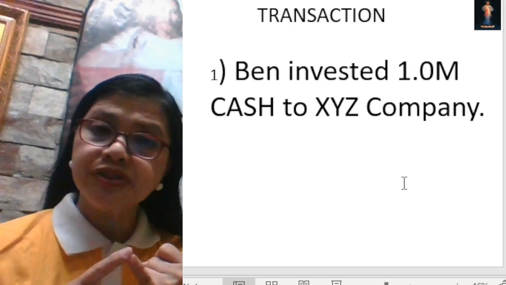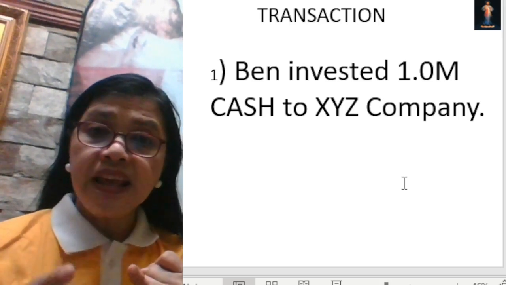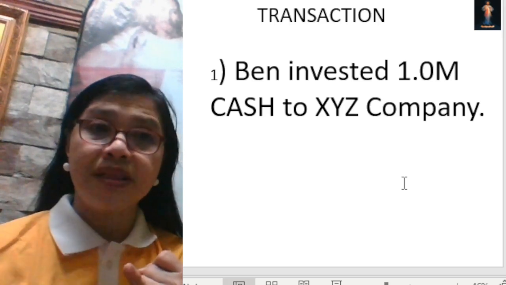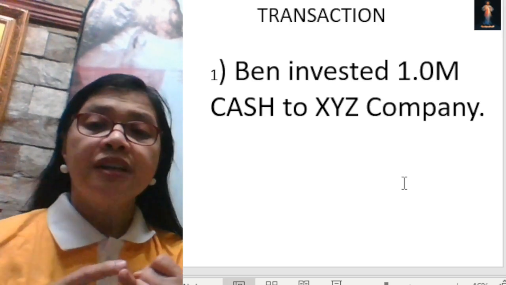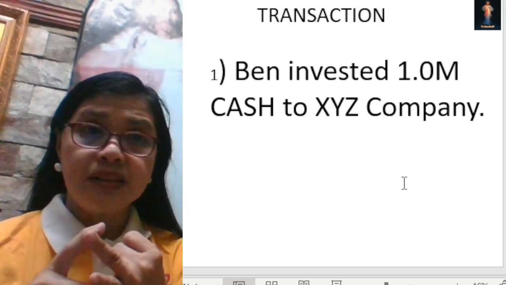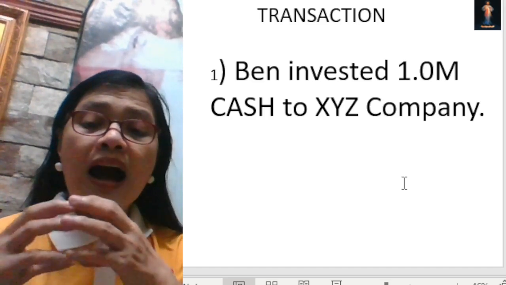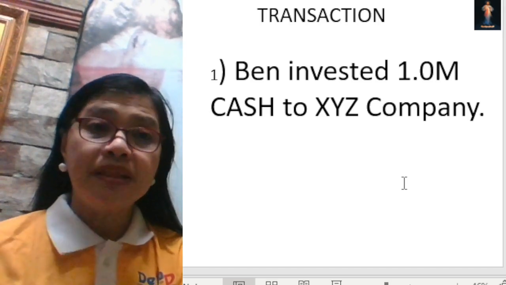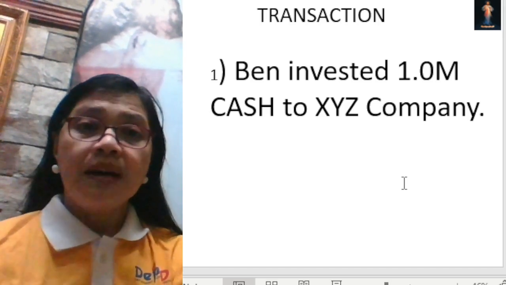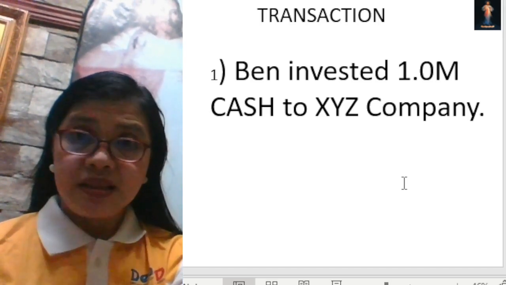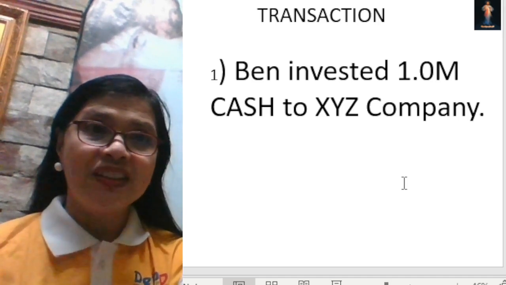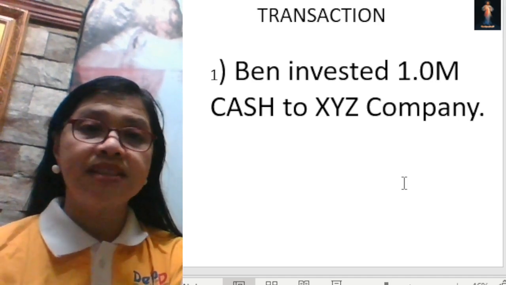So, what are the accounts used here? Cash and investment, which is a form of capital or equity. So cash and capital or equity. Then, number two, how did the cash and capital affect the XYZ company?